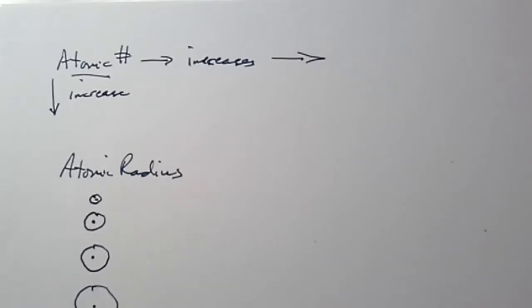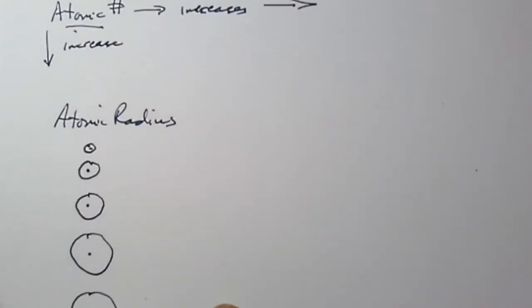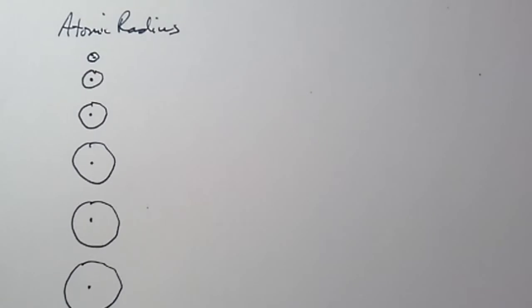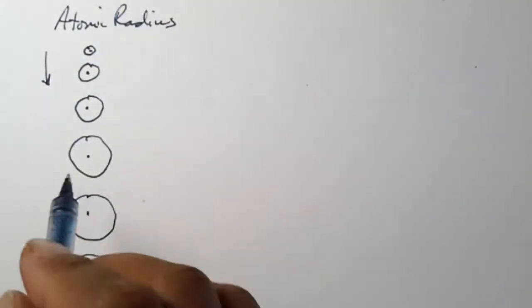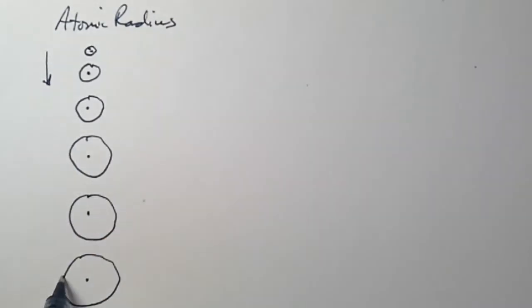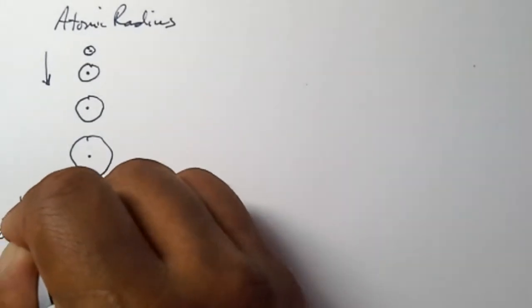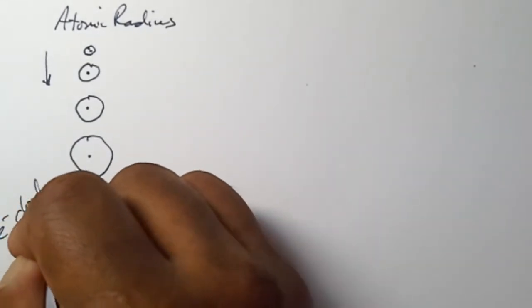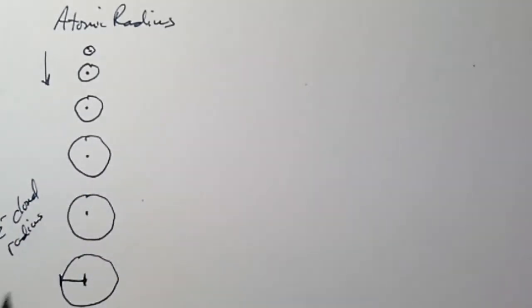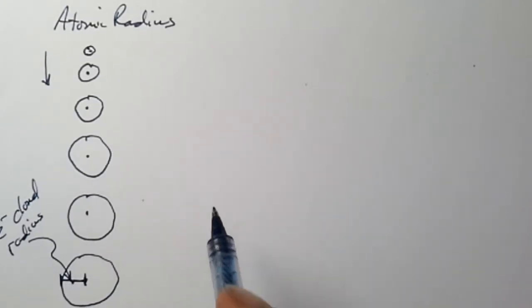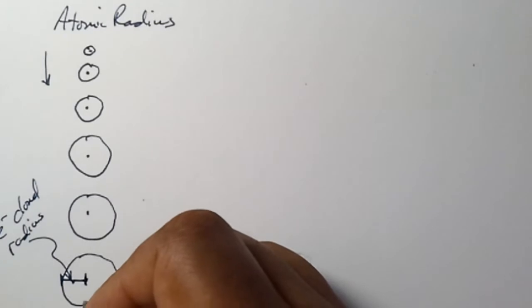What you notice here is that the radius increases as it goes down. A radius is simply the distance from the outer edge of the electron cloud to the center, to the nucleus. It increases as you go down the table.